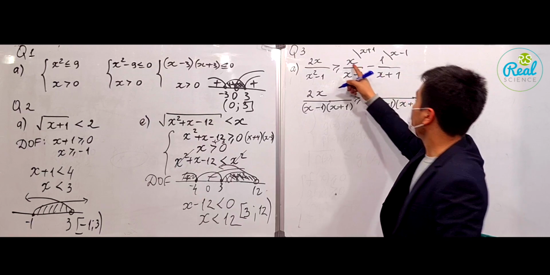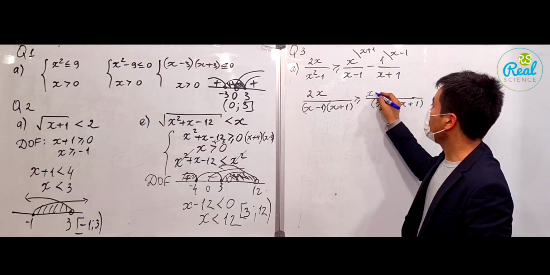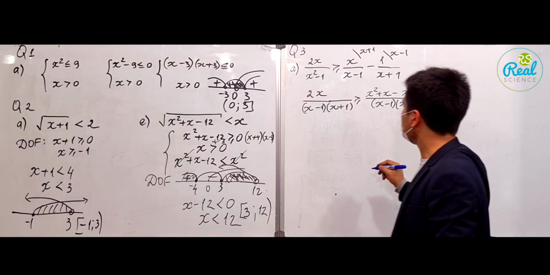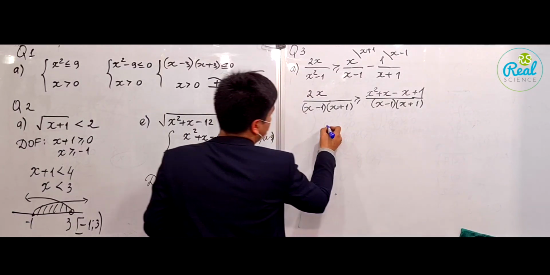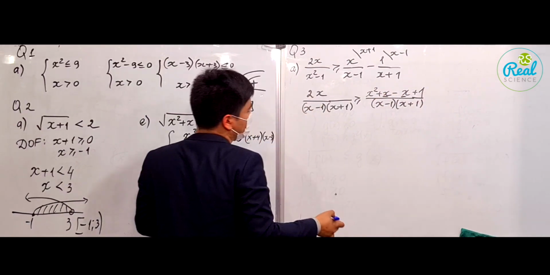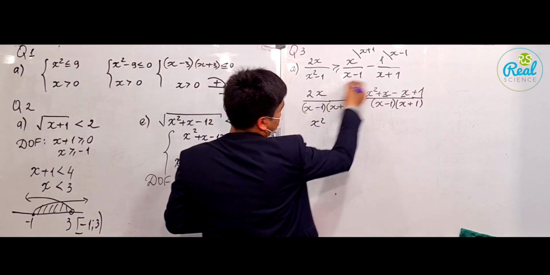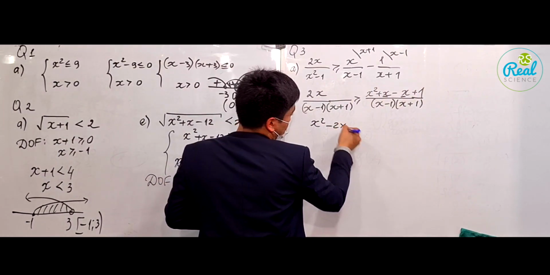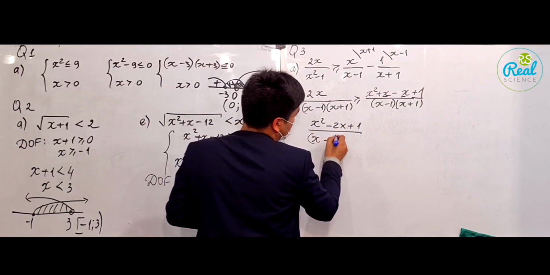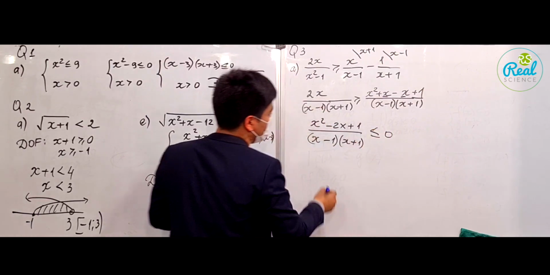When you multiply x by x plus 1, it means x squared plus x minus x plus 1. Yeah? Now, students, they are opposite and the sum of this is 0. When you just move to the next side, x squared minus 2x, yeah, plus 1, over x minus 1, x plus 1, less than 0.